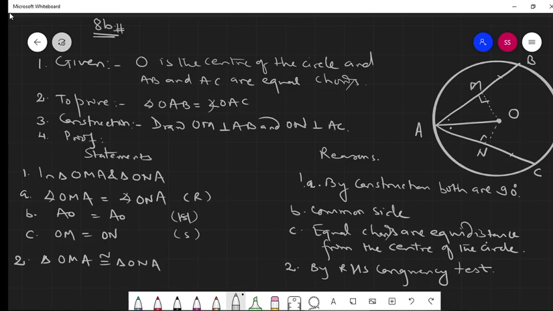That means angle OAB equal angle OAC. The reason is corresponding angles of congruent triangles. In this way, we can prove this theorem.